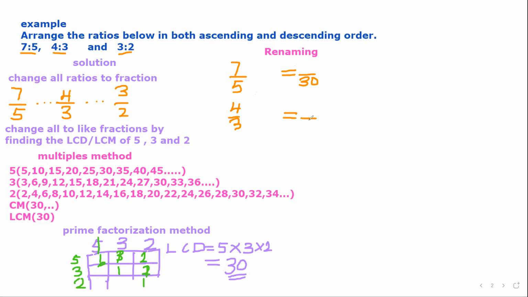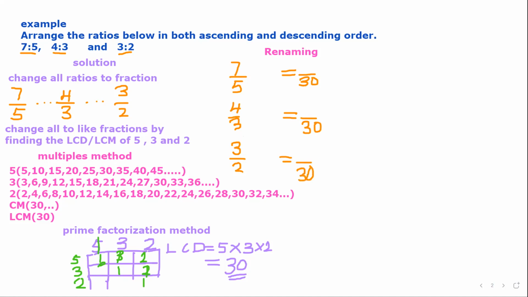The new denominator here must be what? 30. Okay. Then when you take the other fraction, which is 3 out of 2, the new denominator here must be 30. Okay.